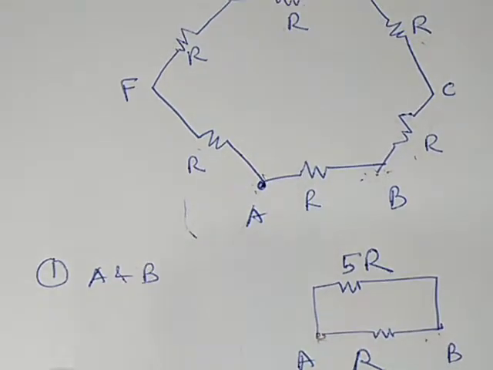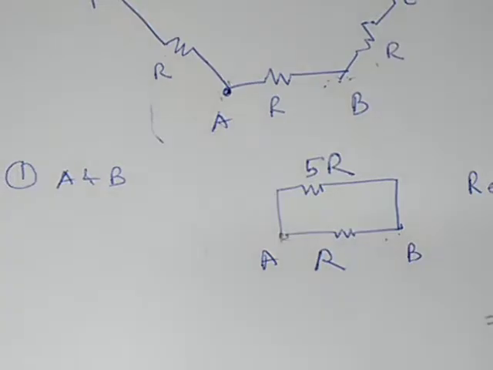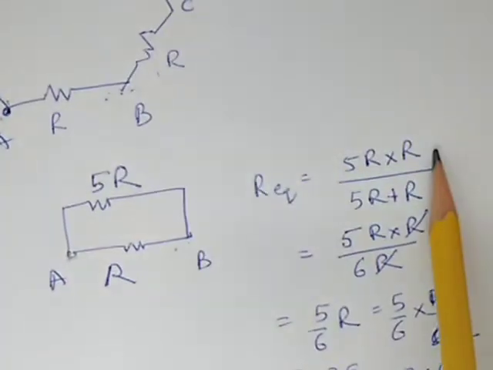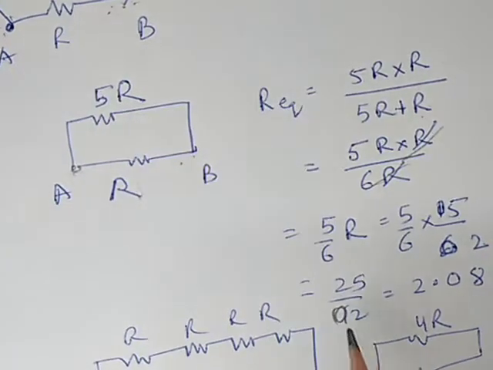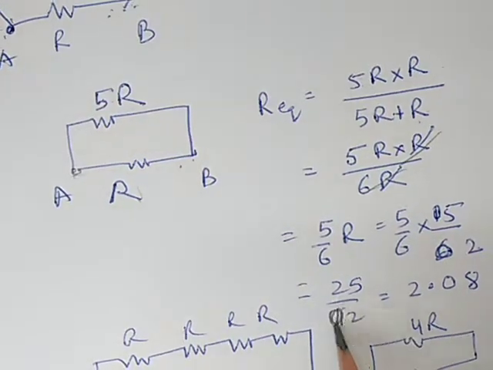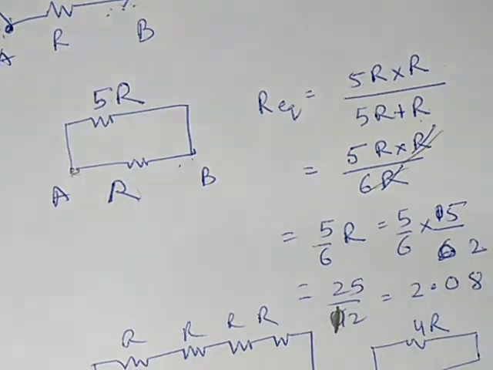And then the equivalent resistance of these 2 resistors in parallel is given by R1 into R2 divided by R1 plus R2. 5R into R divided by 5R plus R, 5R into R divided by 6R. R cancels, we have 5 by 6 R, and we know that R is 5 by 2. So it's 25 by 12, or 2.08 ohm.